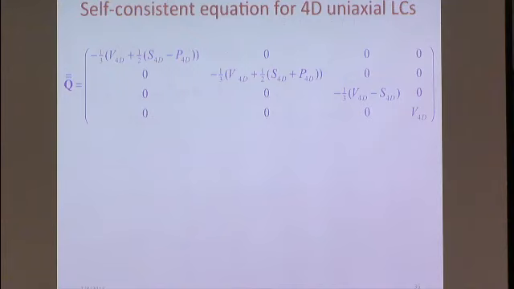So we solve it. Here, Q is a 4 by 4. We want to parameterize our eigenvalues using 3 order parameters.